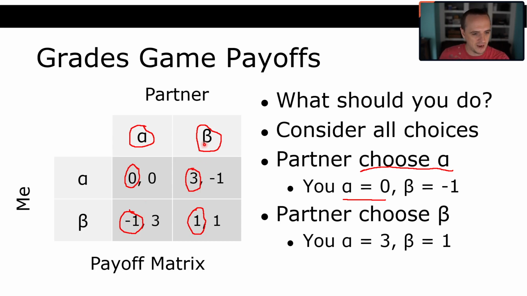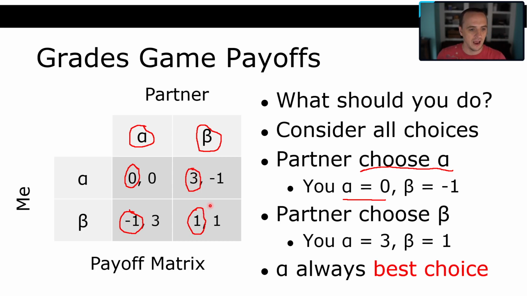And if they choose beta, my choice of alpha gives a bigger result than my choice of beta. So alpha is always the best choice here. No matter what they pick, I am going to get a better result if I choose alpha.